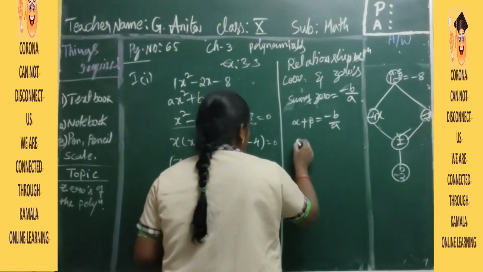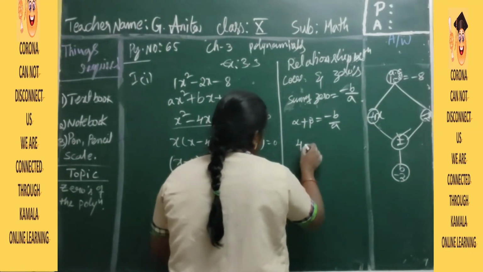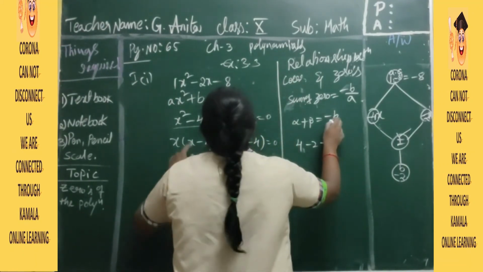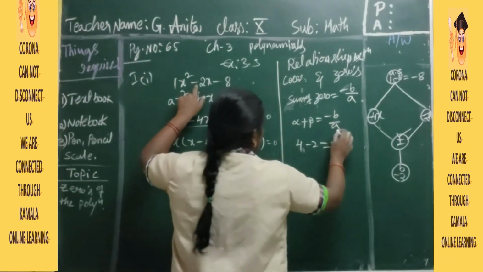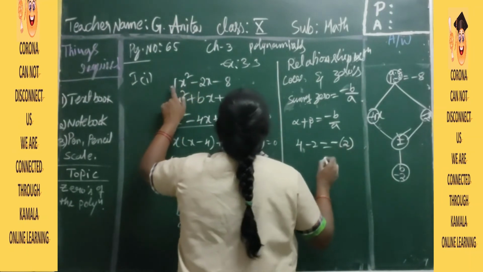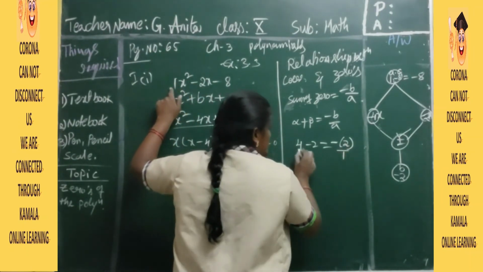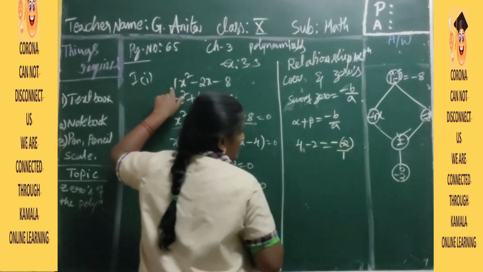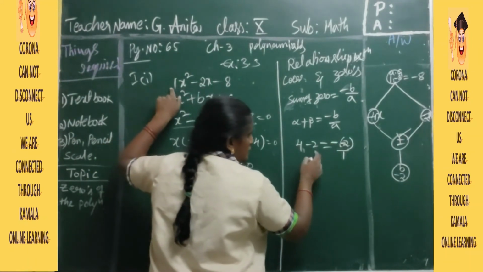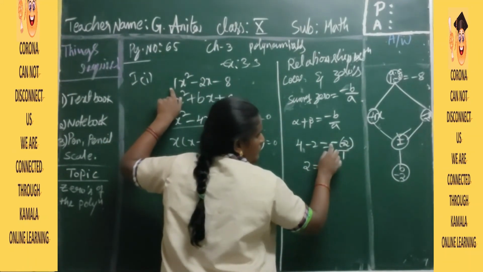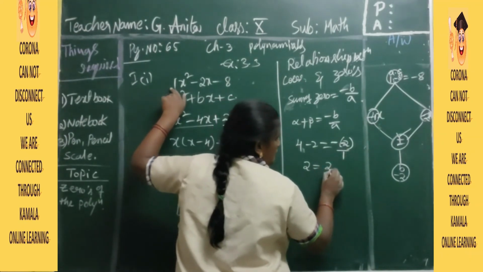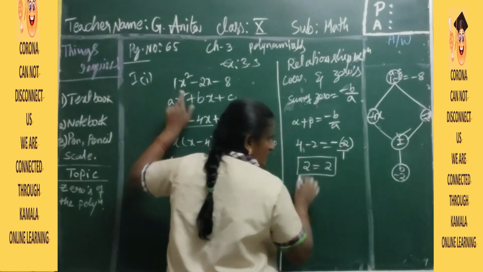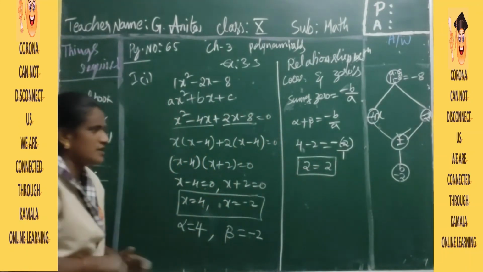So alpha is 4, beta is minus 2, and minus of, what is the b value here from the equation? Minus 2. What is the a value? 1. So 4 plus minus 2 you will get 2 only. Minus of minus 2 by 1, 2 only. We got same answer, yes or not? Yes, we got same answer.